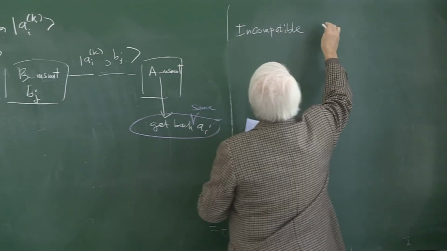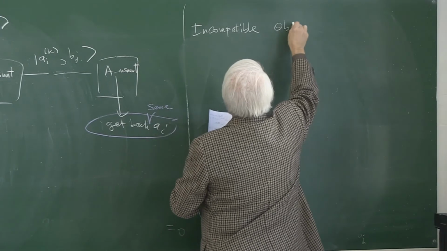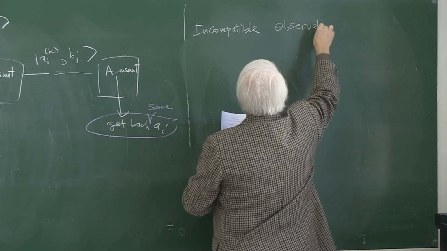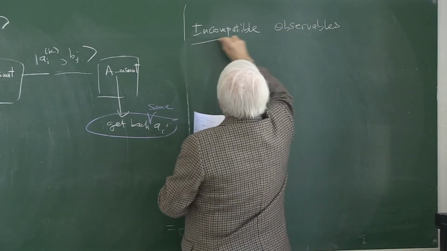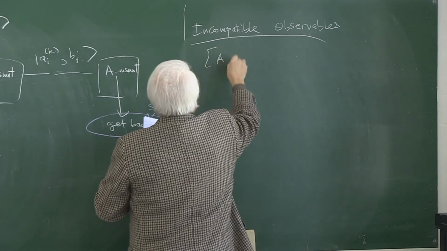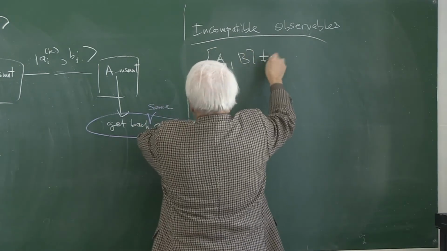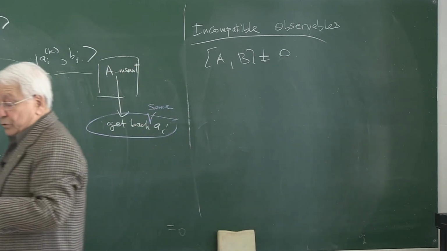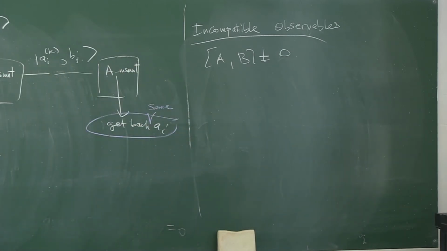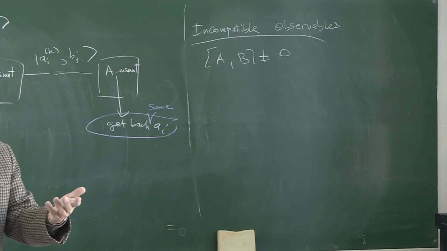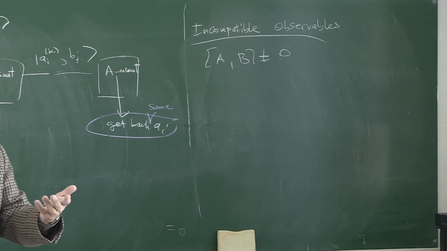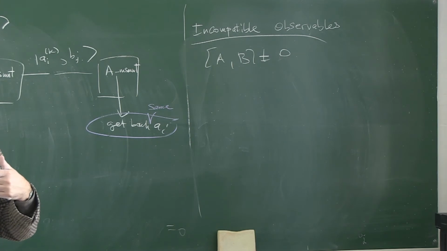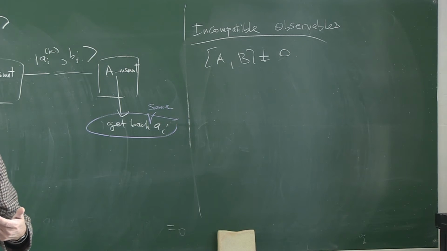Incompatible observables, that is A and B are not commuting. Well, of course, we can just reverse the argument and say that when they were compatible, they had a common set of eigenfunctions.